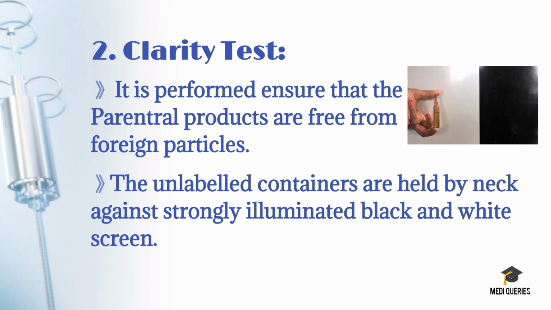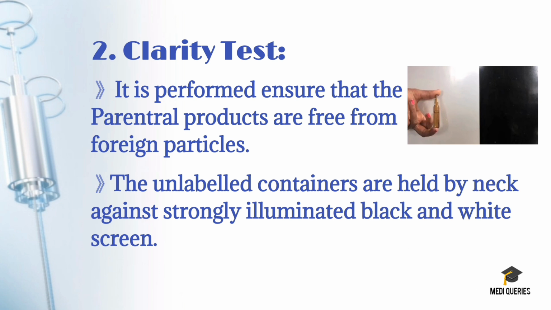Here the white screen is used for detecting dark colored particles and the black screen for detecting light colored particles. The contents of the containers are slowly inverted and rotated, and the solution is examined for the presence of foreign particles. If any foreign matter is visible, that container is rejected.